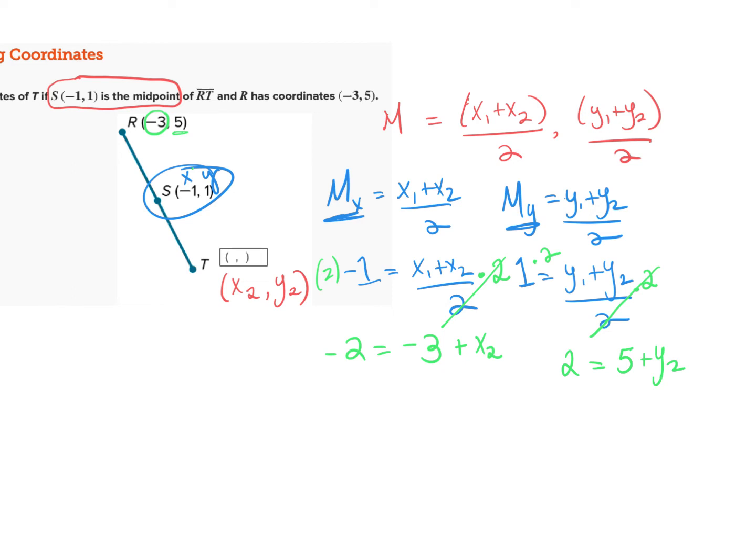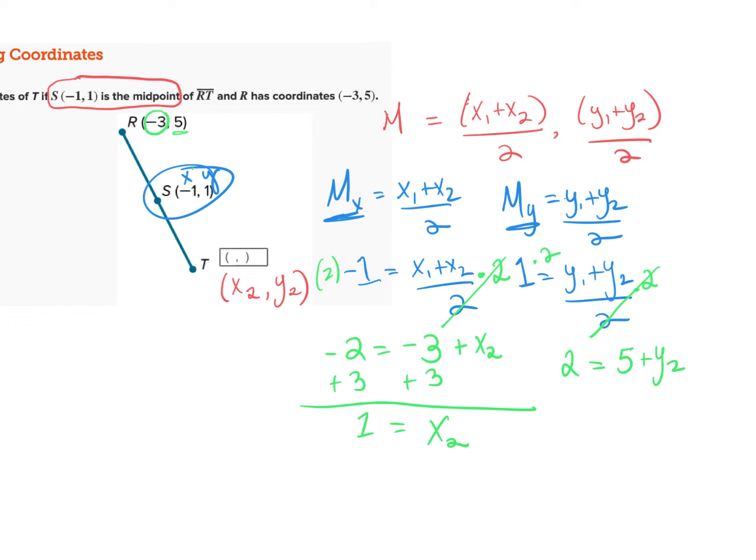So from here, we just have a very simple one-step equation left. And we did that by multiplying both sides of the equation by 2 to get rid of that denominator. So to solve for x, I'm going to add 3 to both sides. So my x2 value is actually at +1.